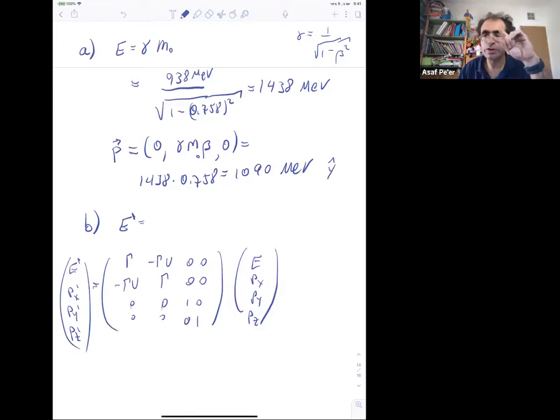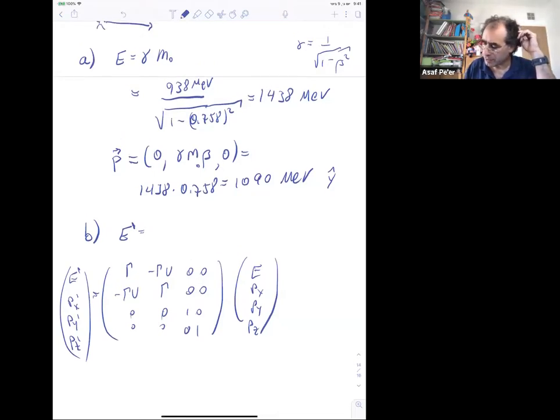To discriminate between the proton and the frame, I said that the proton velocity is beta and its Lorentz factor is gamma. So capital gamma, with velocity U, would be the Lorentz factor of the S prime frame.